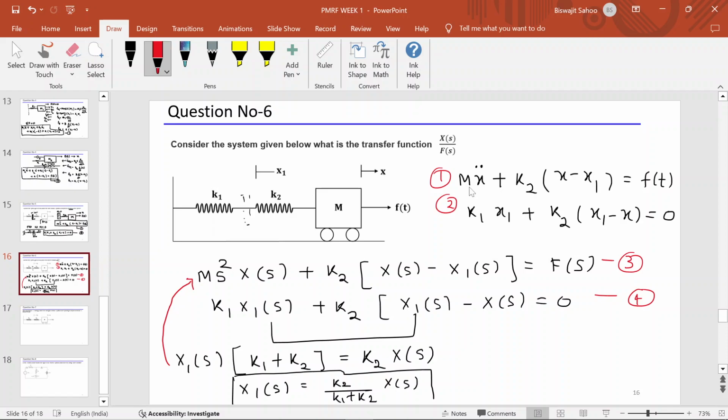Whenever mass is there, you have to replace the mass by inductance, and the spring K2 will be replaced by 1 by C2. Wherever x displacement is there, it will be replaced by charge. And wherever force is there, that will be replaced by a voltage. That gives you your force voltage analogy.